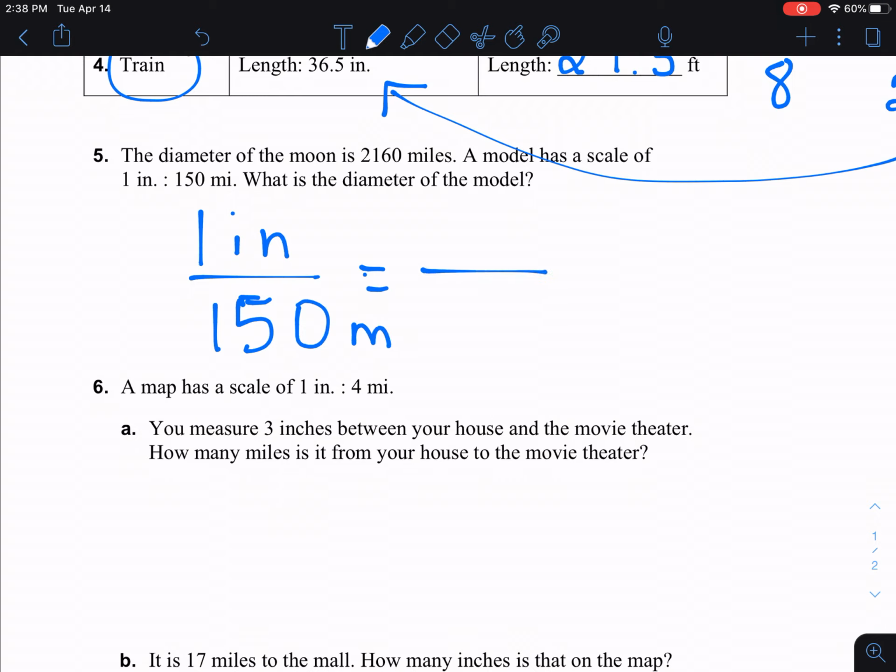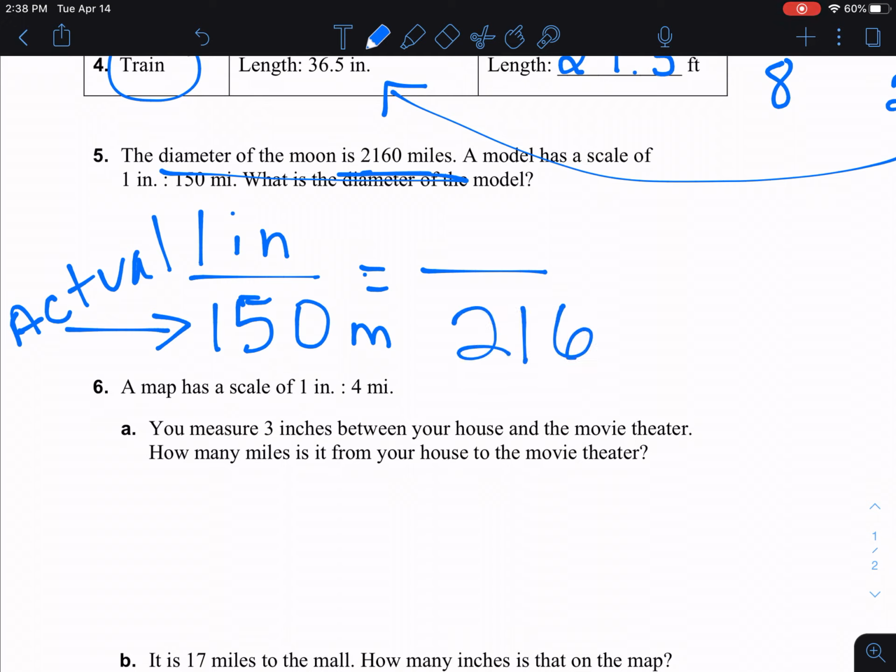So notice that this here is the actual, whereas the top is the model. So they've given us the actual number of the diameter of the moon, which is 2,160. So then I'm going to go ahead and convert this.